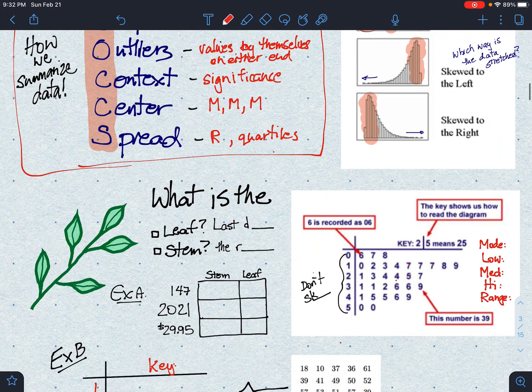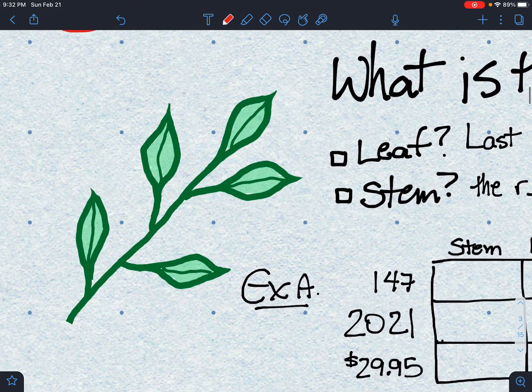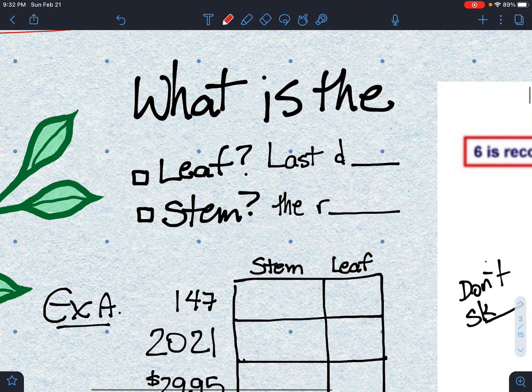All right, well, what is a stem and leaf graph? Here's a stem and a leaf as we might think about in a science class or in nature, biology. But in math, the last digit of the number is called the leaf, and the rest of the number is called the stem.